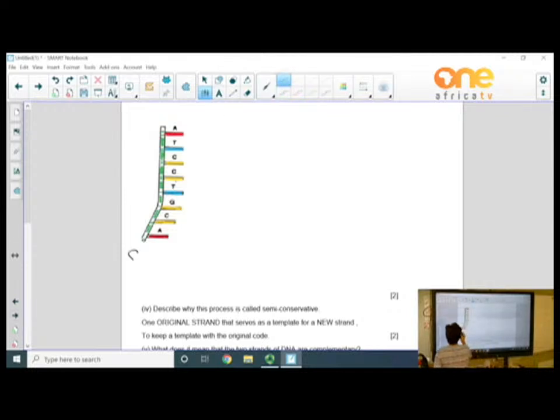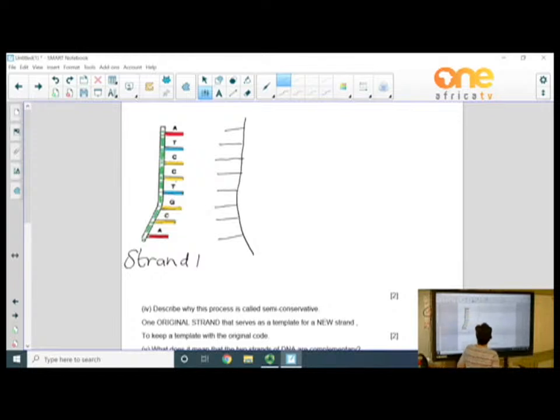You draw the nitrogenous bases, but that is not enough. I need to see how they are going to attach. So A will attach, and this is DNA replication. So this is another DNA strand.